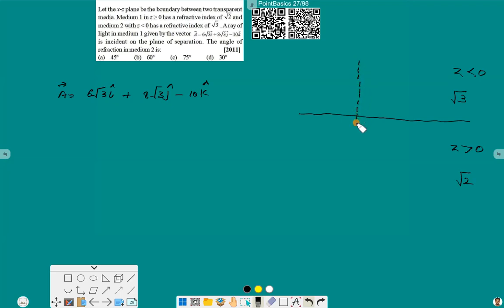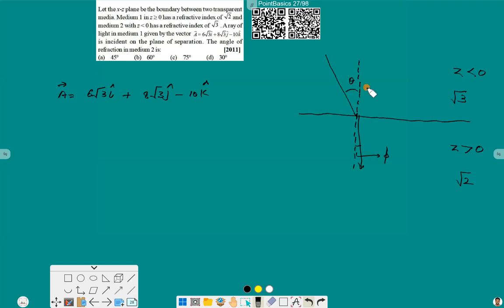Now, as we know, here the upper region is z greater than 0 and the lower region is z less than 0, so this normal is parallel to the z axis, and suppose this is the incident light here. This is the incident line. So we have to first calculate theta, and then we can use Snell's law of refraction to find this angle phi.